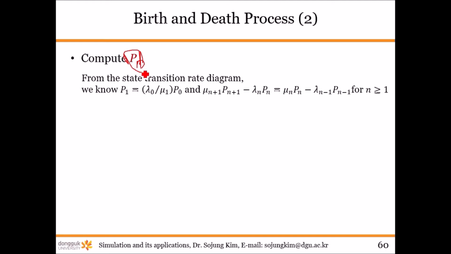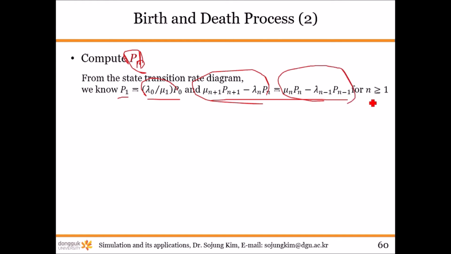so in order to calculate the Pn, you have to use some properties, and we know that P1 equals what? P0 multiplied by mu0 over mu1, and we also know that this is equal to the right hand side, all right?